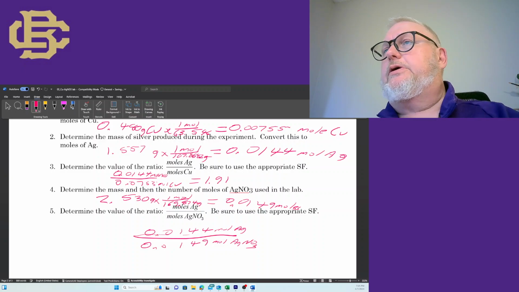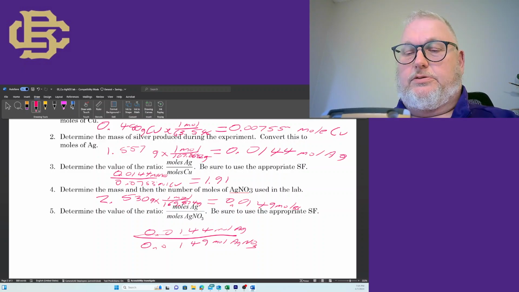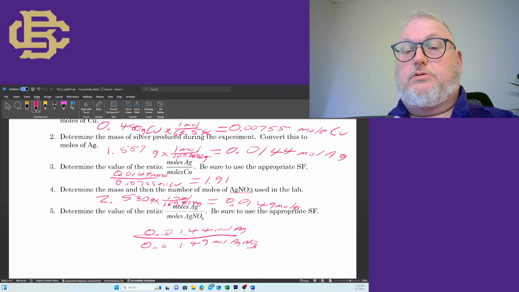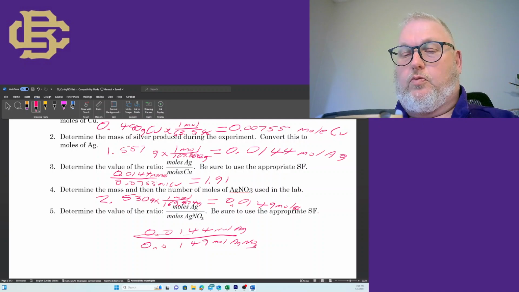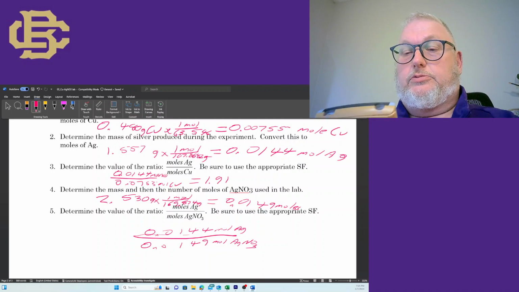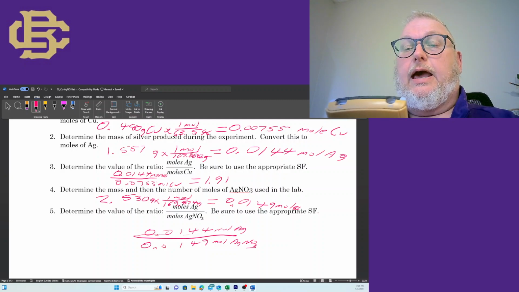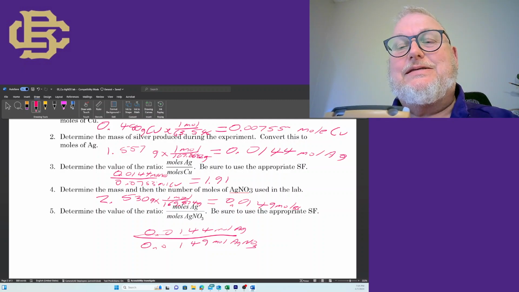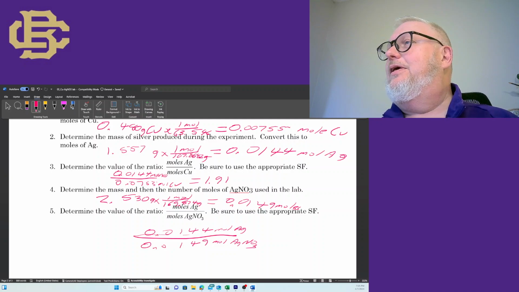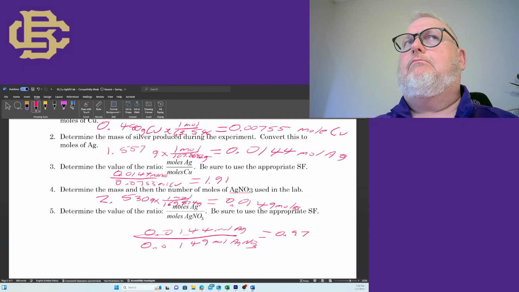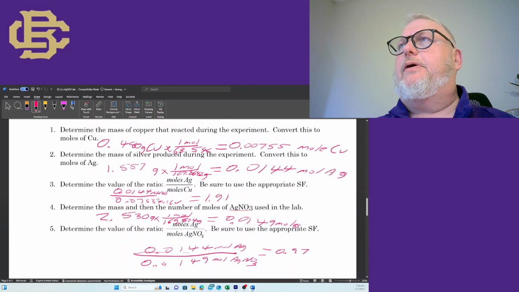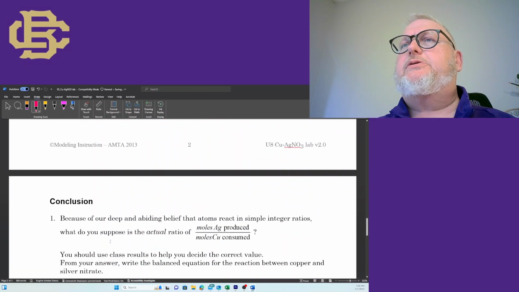See what that ratio is. 0.0144 divided by 0.0149, I got 0.966, or 0.97. That's almost a 1-to-1 relationship, and the other is almost a 2-to-1 relationship. Let's see if this makes sense.